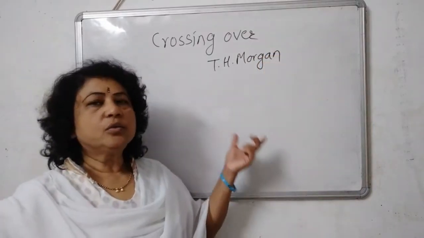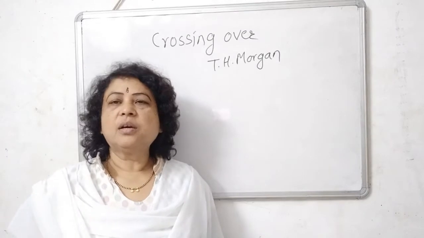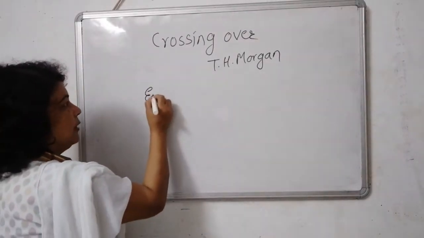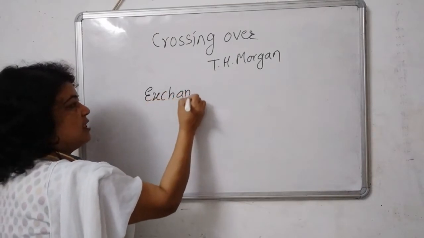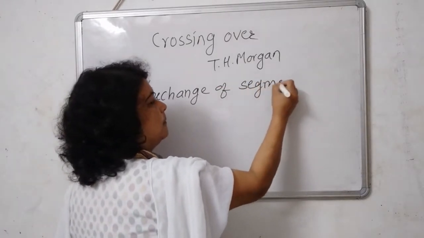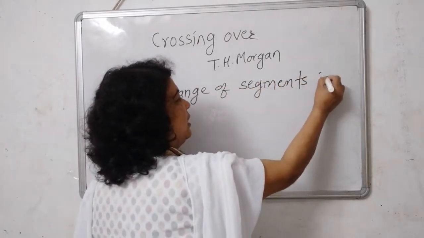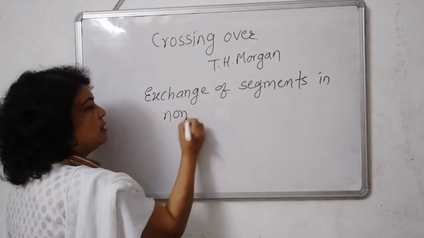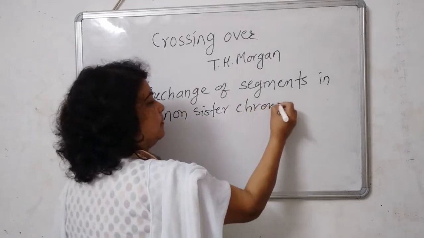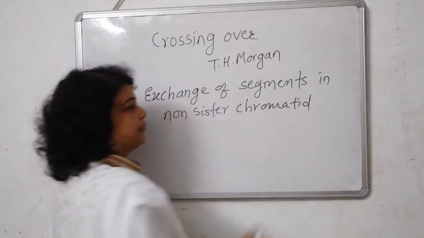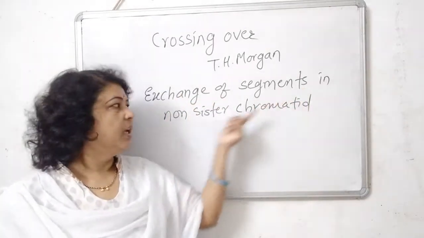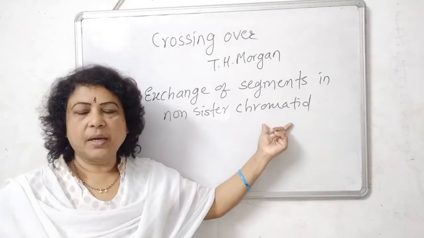According to T.H. Morgan, crossing over is the exchange of segments in non-sister chromatids.